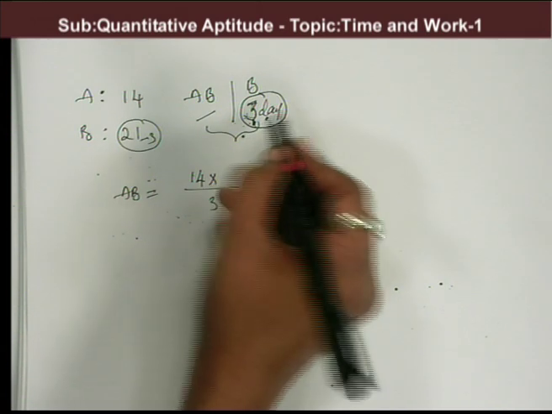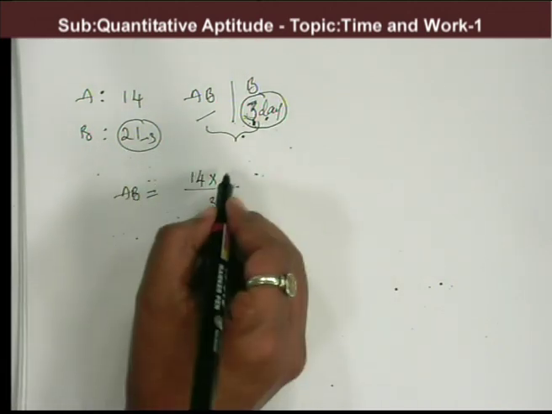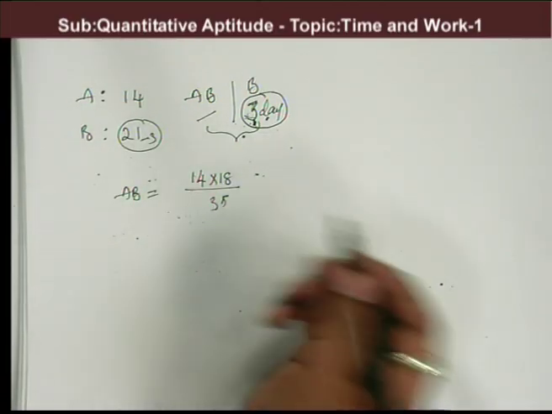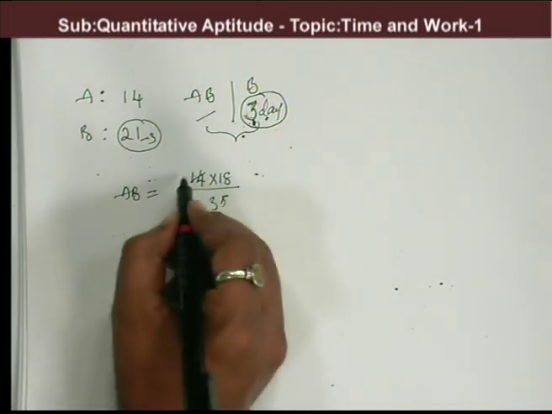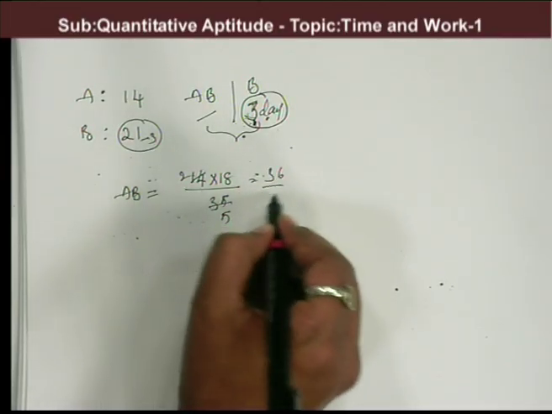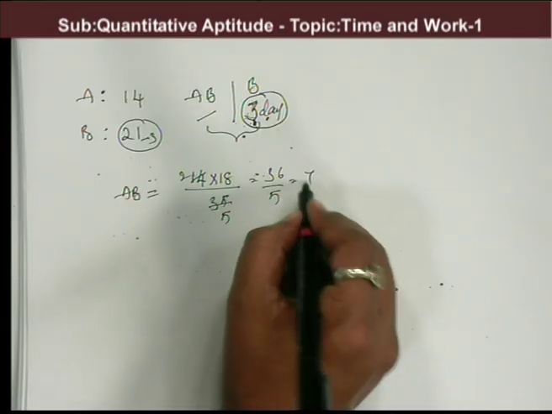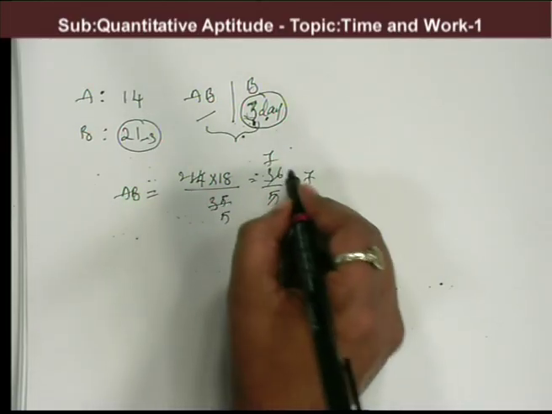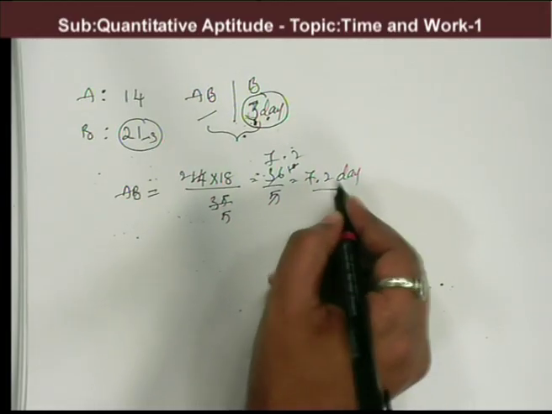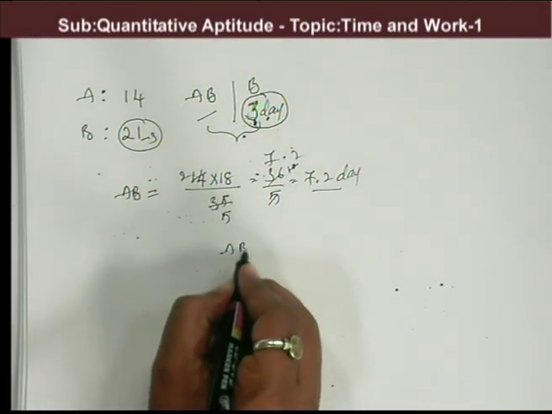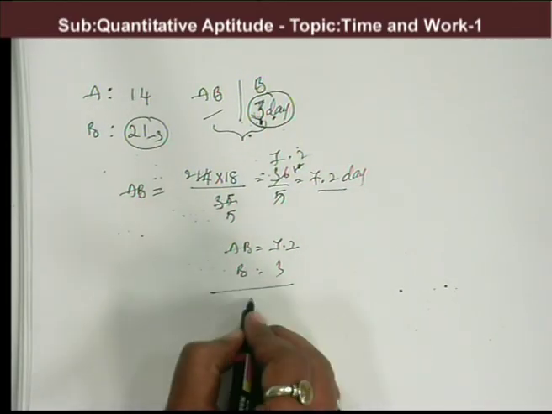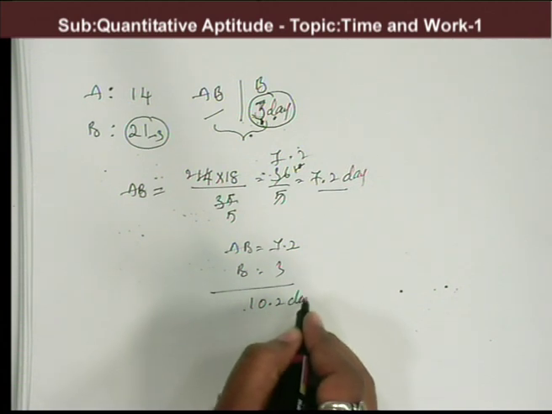B is working alone. So, B value is 21 minus 3, that is 18. So, 7 2s, 7 5s, that is 36 by 5, 5 7s, 35, 1, that is 2, 7.2 days. A and B working, so total work is 7.2 and B is 3, total work is 10.2 days.